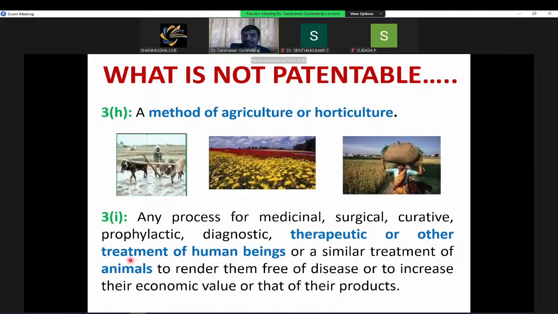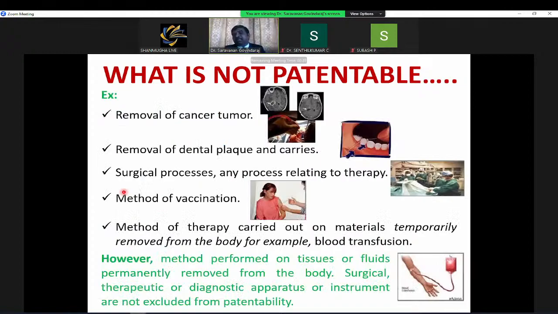People can get some confusion in this 3(i). So for that only, I have given some elaborate examples for your easy understanding of section 3(i). A process which can be used to remove cancer, or the process by which we can remove dental plaque and caries, or a surgical process, or anything related to therapy or the method of vaccination cannot be patented.